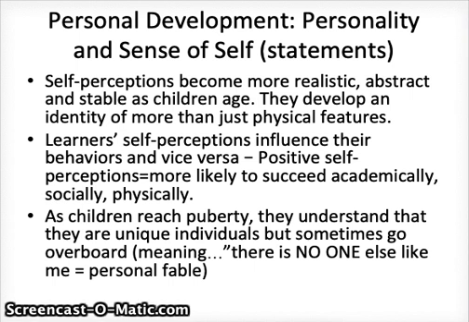That will become more stable, and they look at it more in terms of abstract concepts, not just, let's say, physical features like I have brown hair or I have blue eyes. Their self-perceptions become more abstract, like I'm a really kind person, or I really enjoy doing things that make other people happy. Those kinds of things is what it'll eventually, as children age, get to.